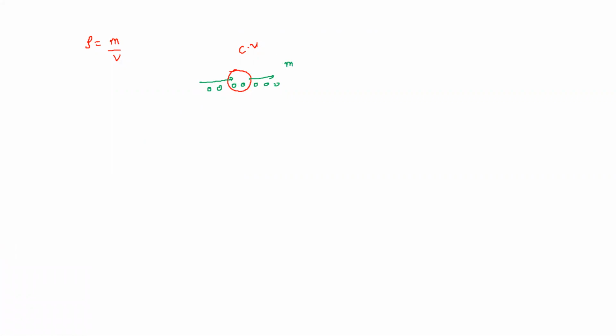If there are 2 molecules inside, then my density is going to be 2m upon v, where v is the volume of the control volume. Since this v is fixed and not going to change because it's a control volume approach, rho is equal to 2m by v if there are 2 molecules.